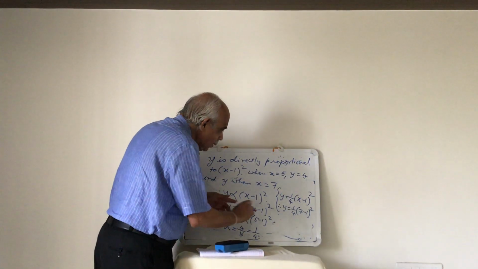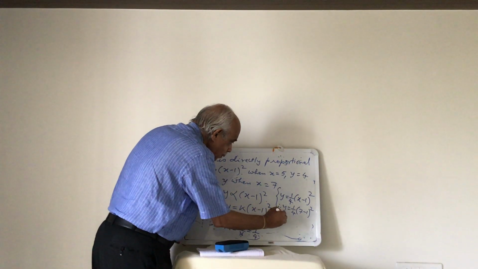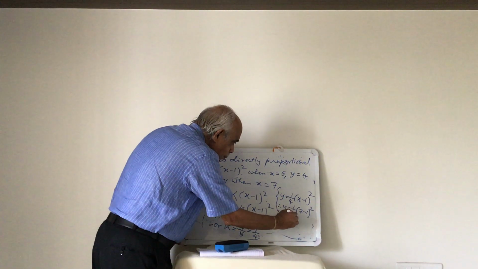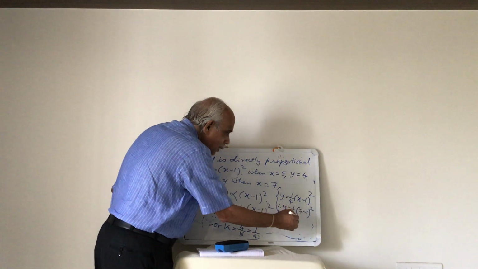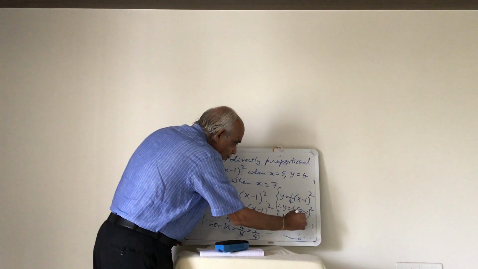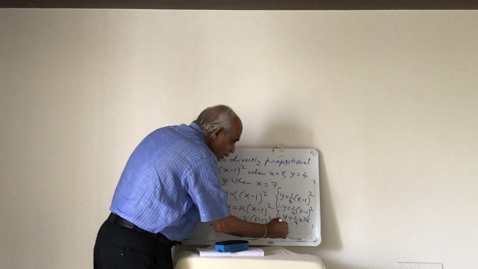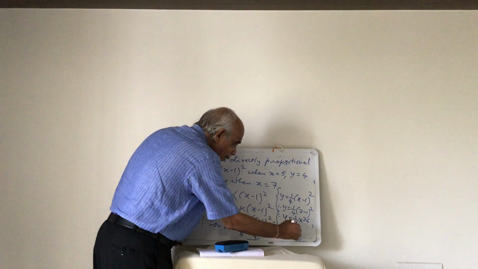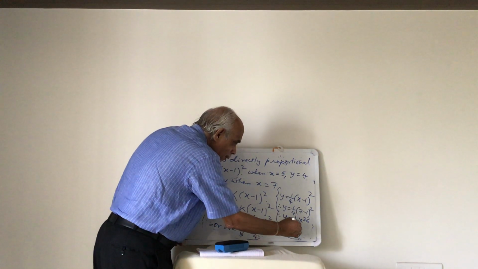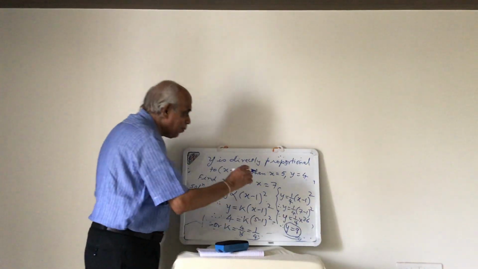Therefore y equal to 1 upon 4, now 7 minus 1 is 6, 6 square 36. So now you know 4 nines are 36. Therefore y equal to 9. So see, you have got the final answer. y is equal to 9.